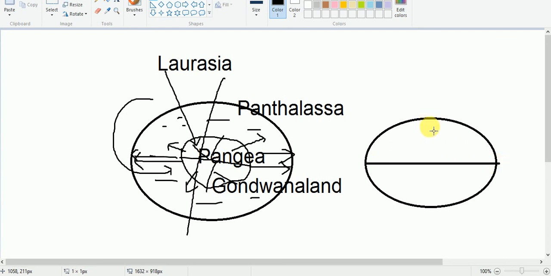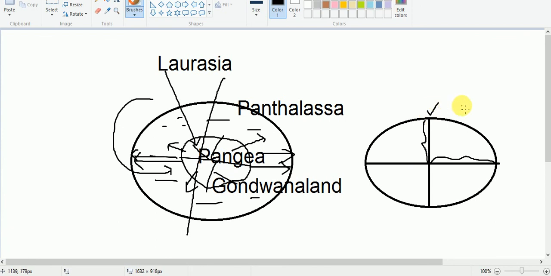Let me draw the axis vertically. If you compare the distance between the center and the equator with the distance between the pole and the center, the distance between the center and the pole is less, and that is why we have more force of attraction.